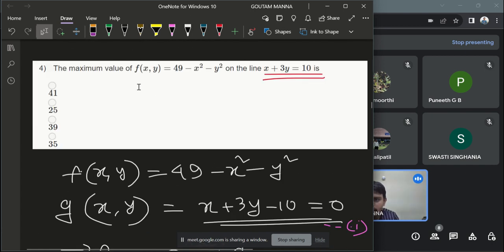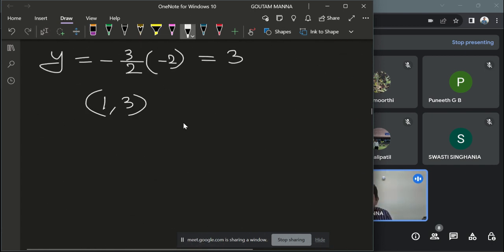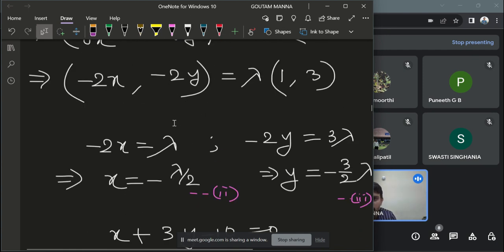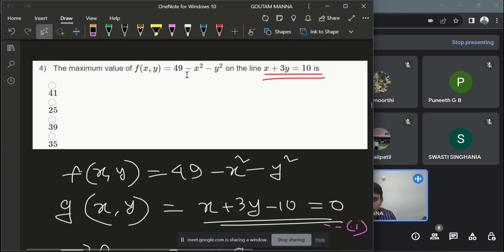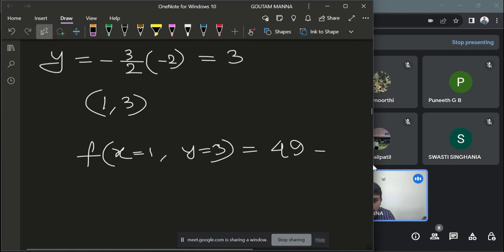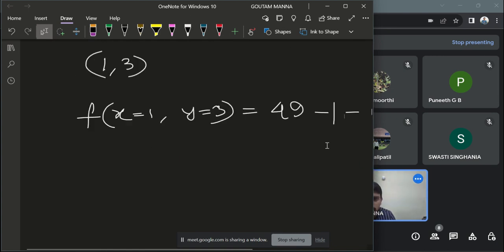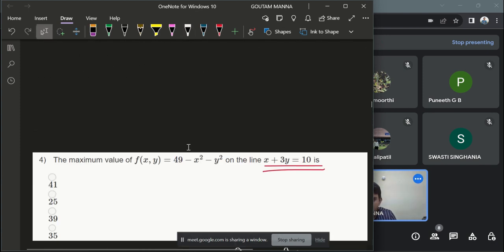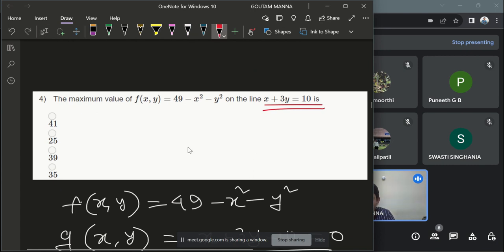We need to find the maximum value, so we put the point in this function. f at x equals 1, y equals 3 will be 49 minus 1 square minus 3 square. 49 minus 1 is 48, minus 9, so 49 minus 10, that is 39. So the maximum value of this function while being on this line x plus 3y equals 10 is 39.